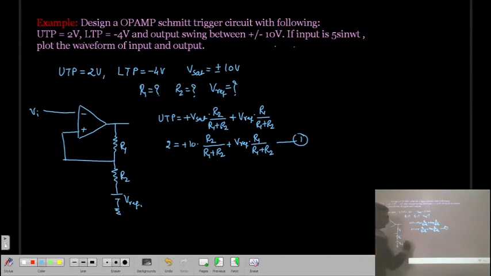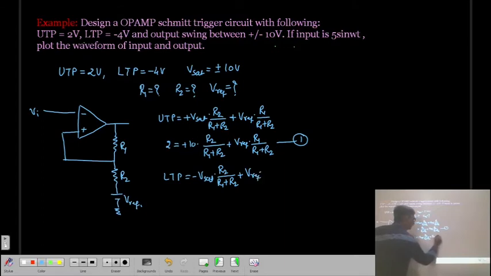Now we write the expression for the LTP. LTP is minus V saturation into R2 divided by R1 plus R2 plus V reference into R1 divided by R1 plus R2. Now what is the required value of the LTP? That is minus 4 volt.